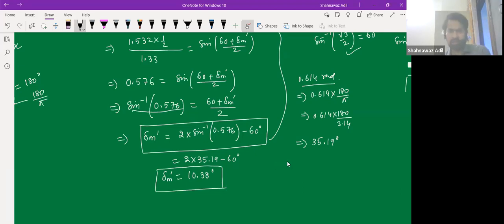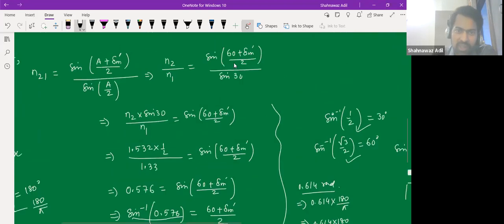Either you can write this value and stop here, or if the value of sine inverse of this thing is given, then you can put that value and get the result. So is this question clear to everyone?